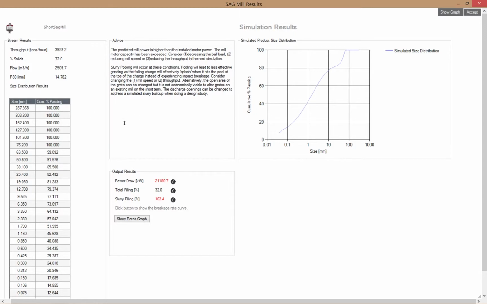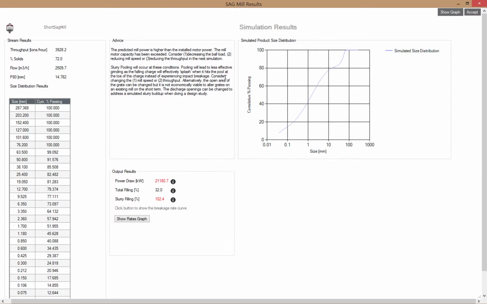Furthermore, slurry pooling could be a problem at these conditions. Slurry pooling basically means that the charge inside the mill splashes into this slurry pool instead of breaking against the toe of the charge. So with slurry pooling, you are reducing the impact breakage in the charge.